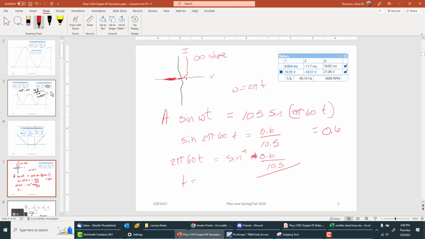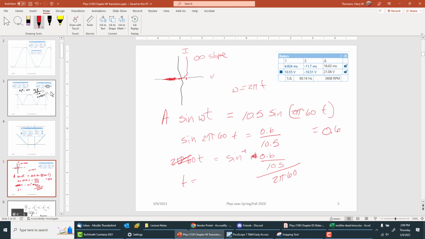So I'm just going to be lazy. When you plug that into your calculator, you have to make sure you've set your calculator into radians instead of degrees. Here we go, now I'm in radians. So I have 0.6, enter, 10.5 divide.